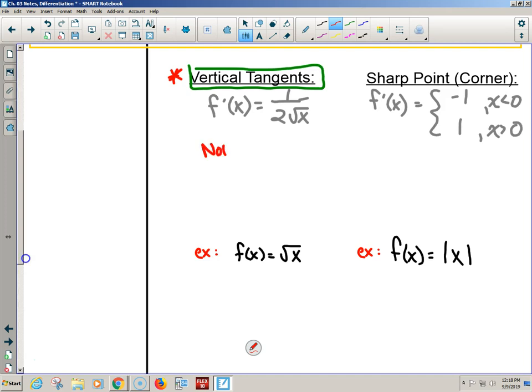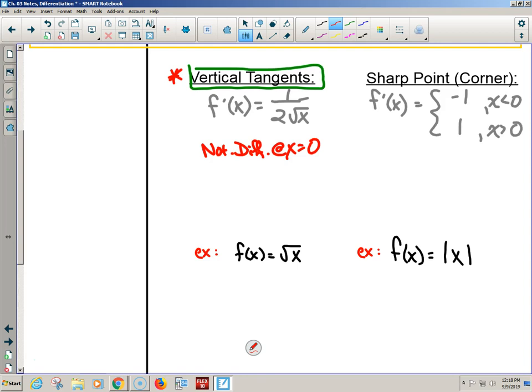This function is not differentiable at x equals 0. But why? If the derivative is 1 over 2 root x, how is it not differentiable? Remember that the derivative is defined to be a limit, right?